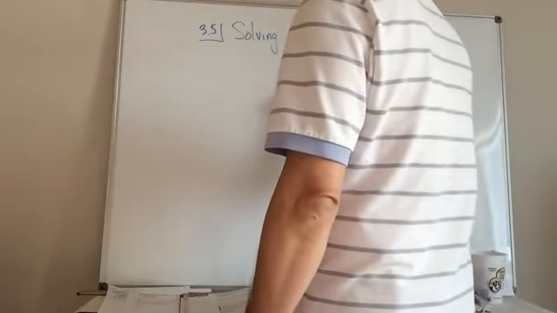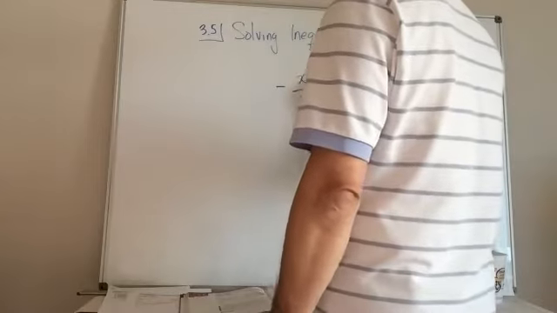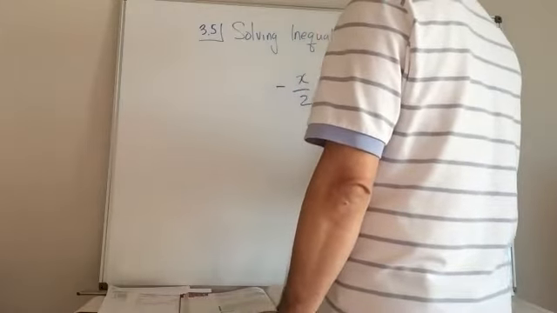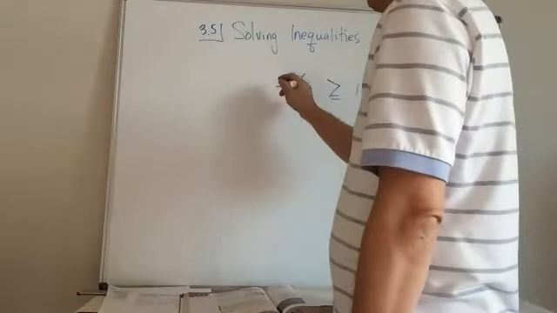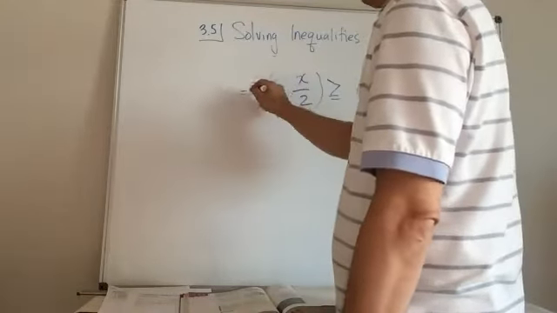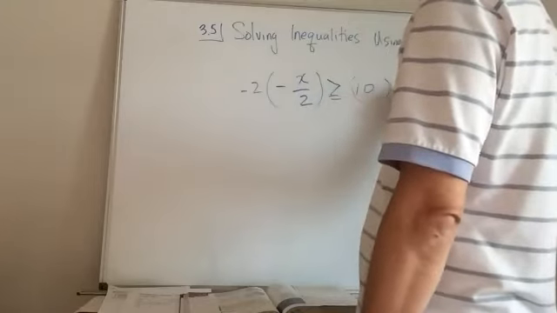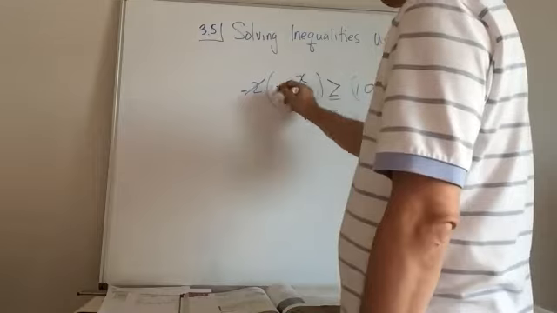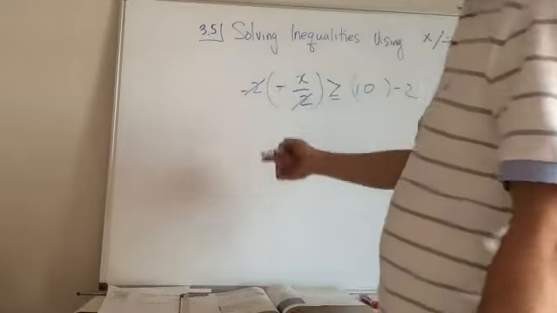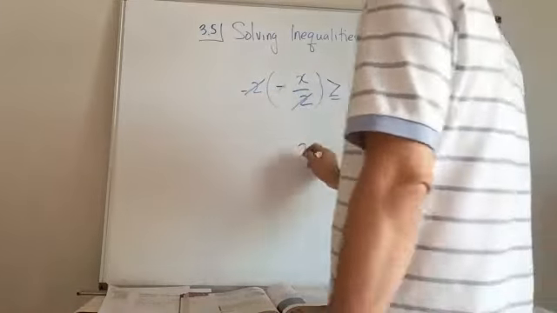So in other words, let's say that I had negative x over 2 is greater than or equal to 10. Now here, you're going to multiply both sides by -2, because this and this cancel out, since a negative times a negative becomes positive. So I'm going to have x.